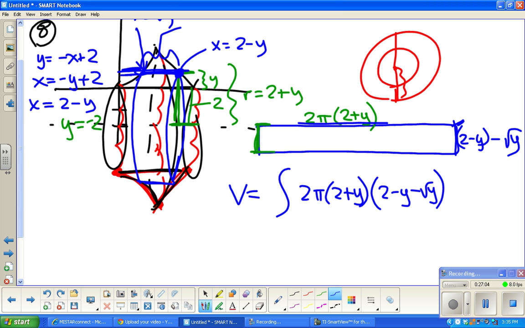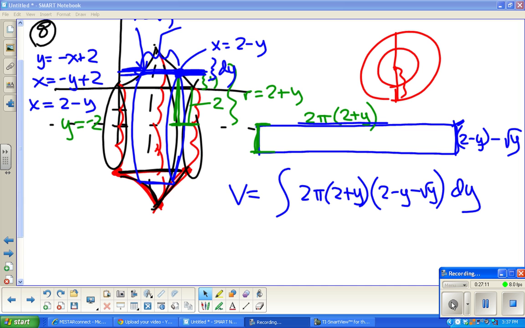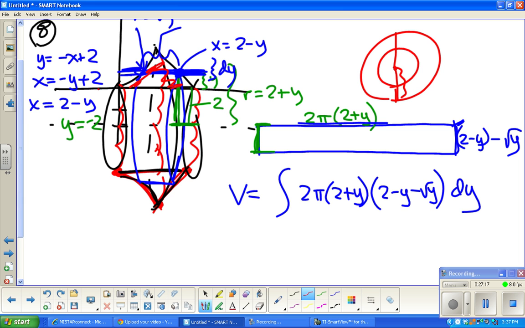And since this has a thickness this way, that's going to be dy. And the only other thing we have to consider is that this starts at y equals 0 and ends at y equals 1. This is the setup.